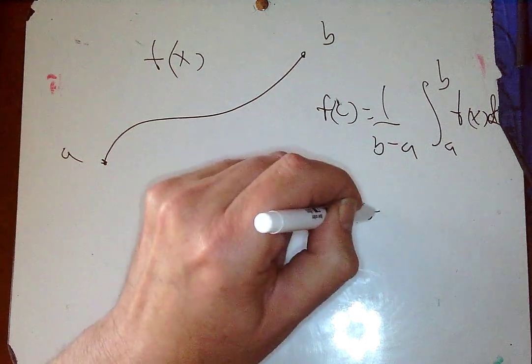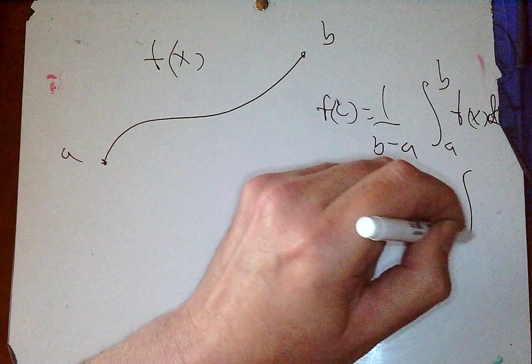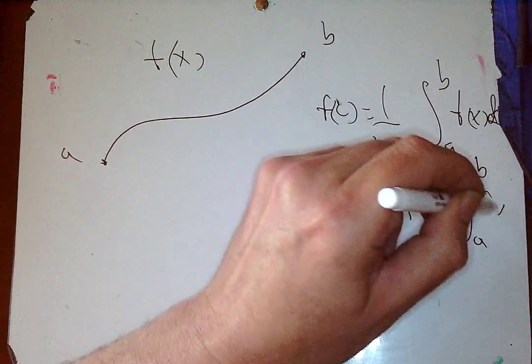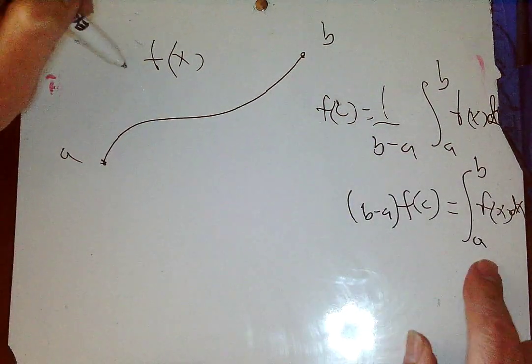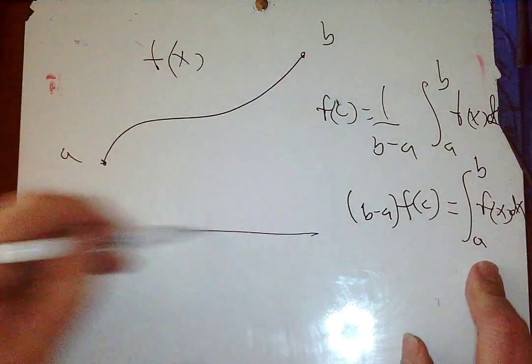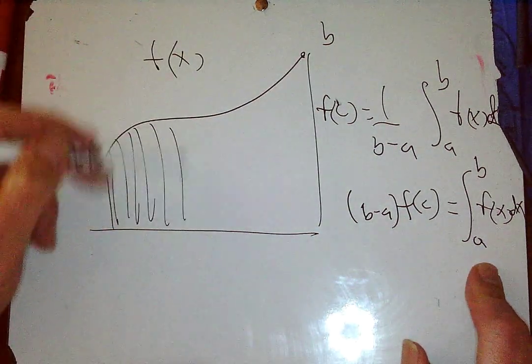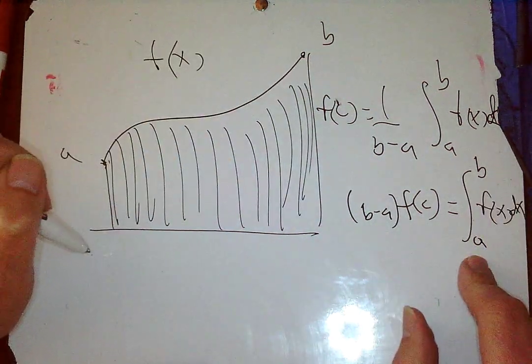So we said b minus a times f of c equals the value of the integral from a to b of f of x dx. Well, here's f of x. The integral from a to b looks like this. It's all this area under the curve from a to b.